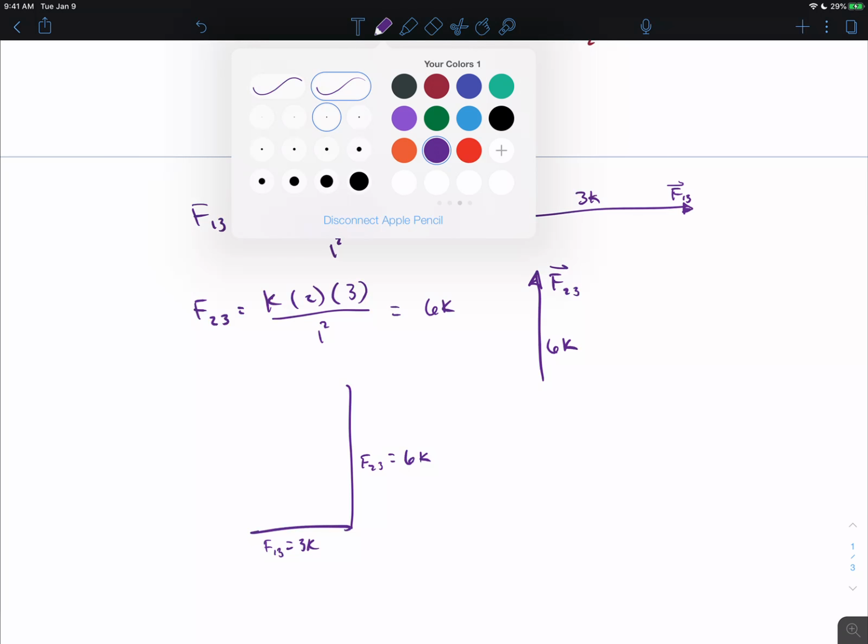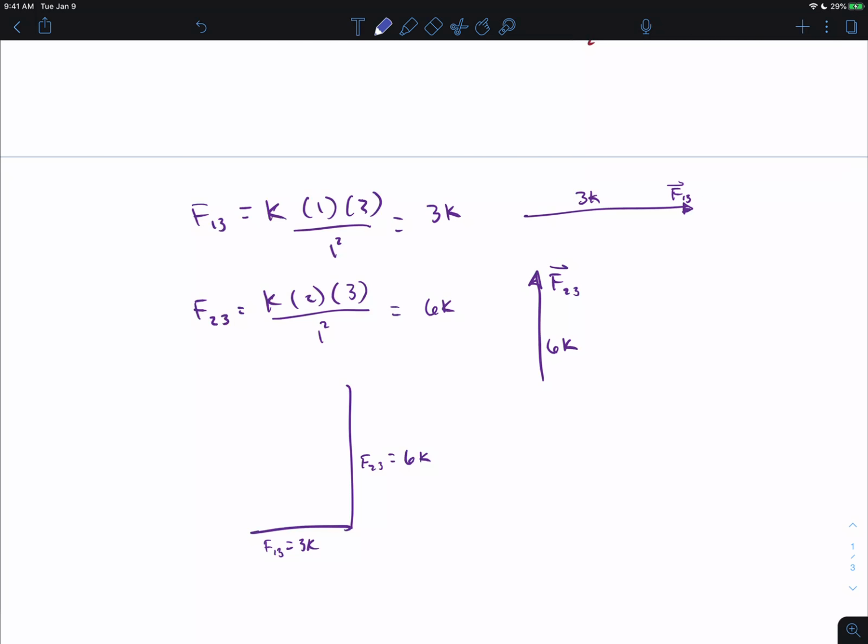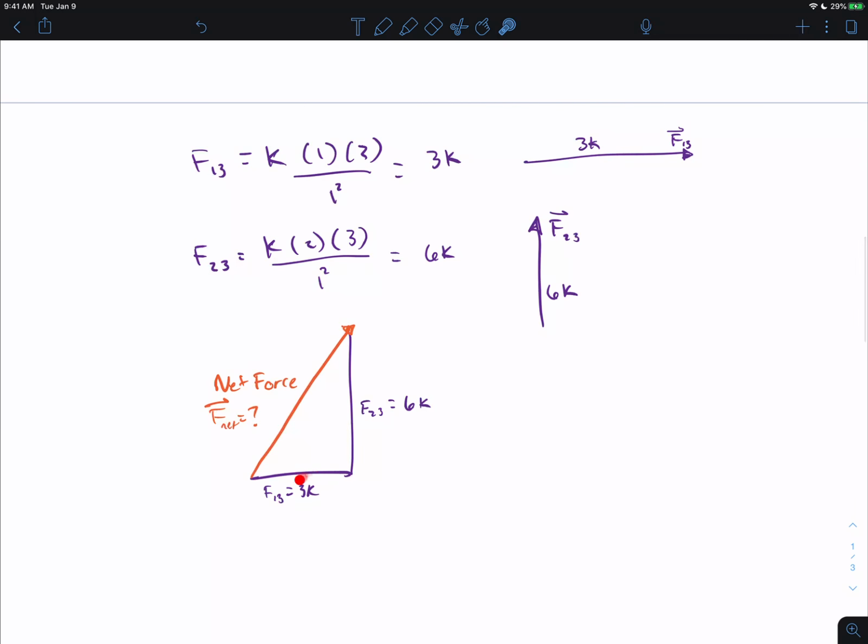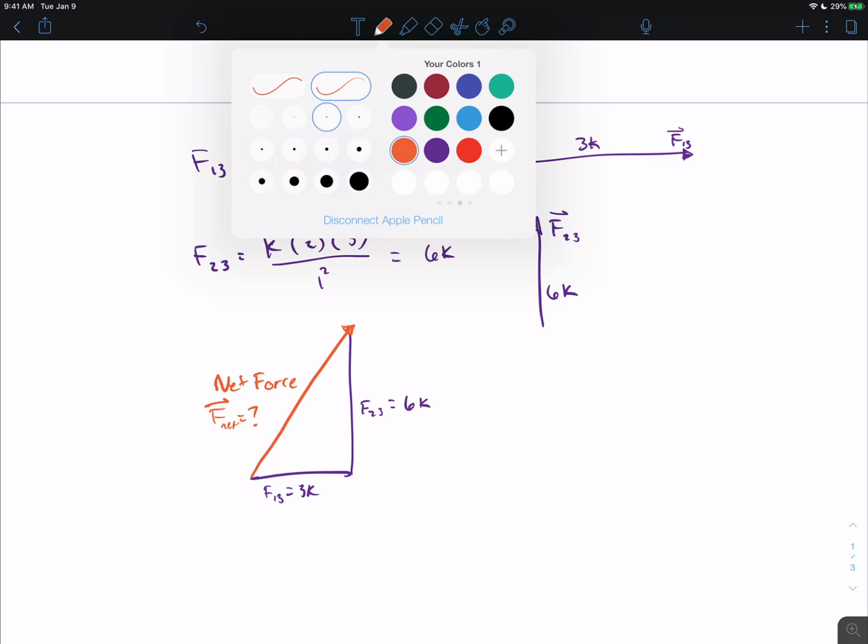And to make sure we don't forget, let's use a different color here. This is my net force. F net equals what? This is what we're trying to find. So same thing we did before. Remember, this is a right triangle.